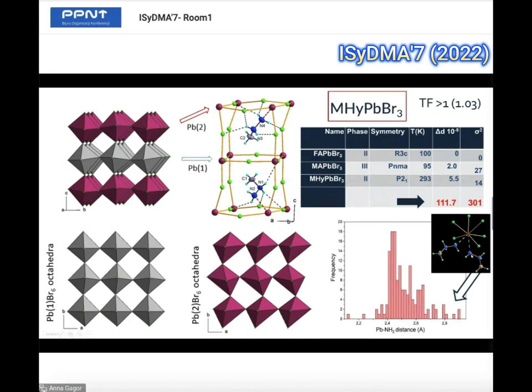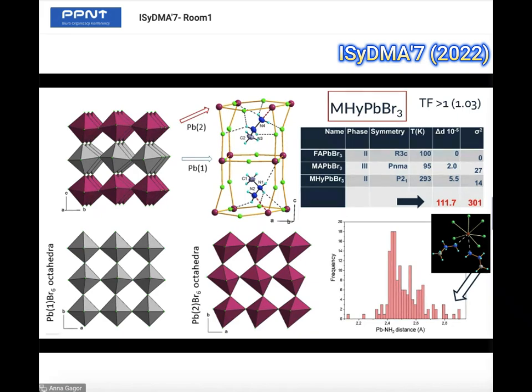The methylhydrazinium NH2 group changes the environment around one of the lead and forms coordinate bonds, which are well known in organic chemistry. The distances between lead and nitrogen fit well the distances present in coordination chemistry of lead compounds. So we have something new which comes from the organic part.